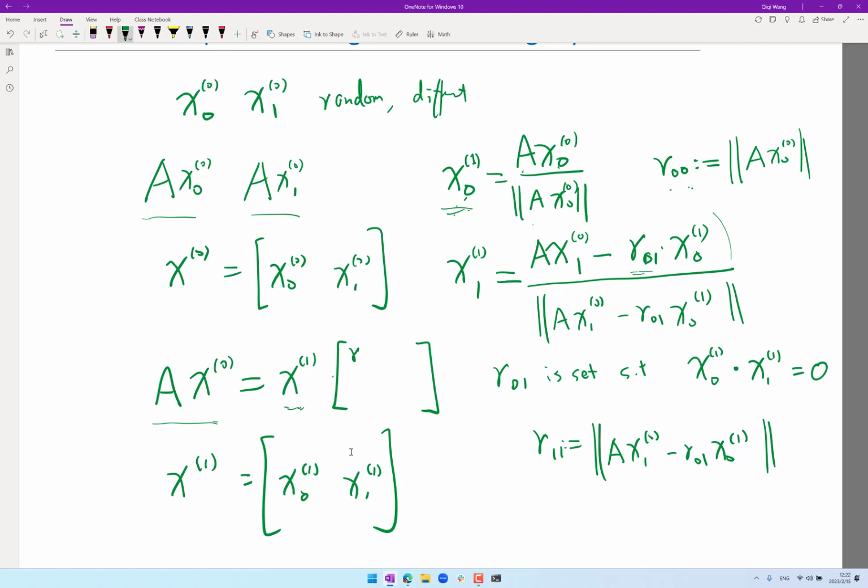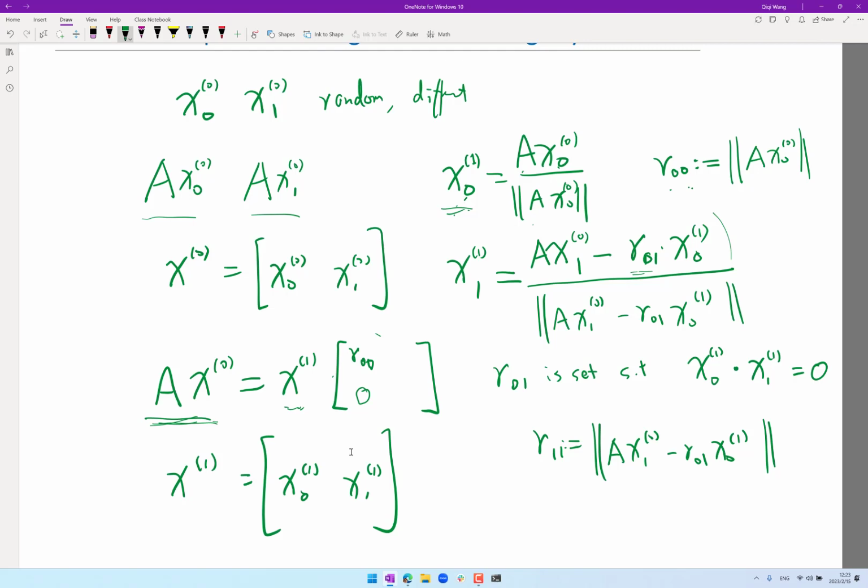So if I put R00 and 0 here, then the first column of the left-hand side is going to be equal to the first column of the right-hand side. Because this first column is the two coefficients multiplied by the two columns of x1 for a linear combination. And that's exactly equal to the first column of the left-hand side.